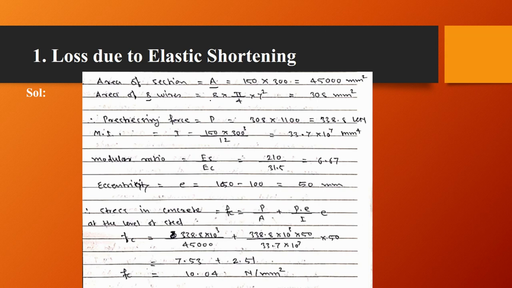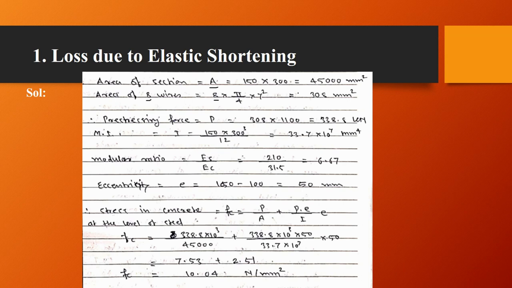That's 8 wires into the area of one wire, pi by 4 into 7 square, and you will get the total area of steel as 308 mm square. The pre-stressing force is not given. We have to calculate the pre-stressing force.